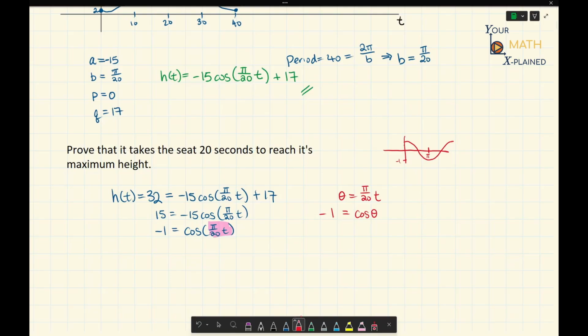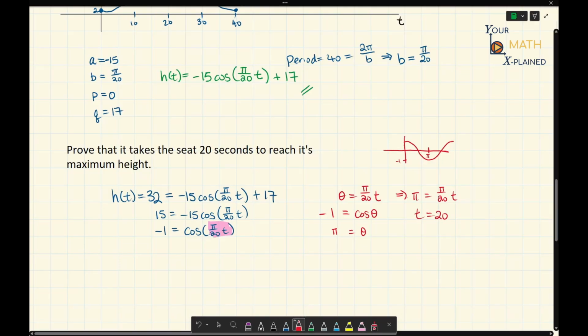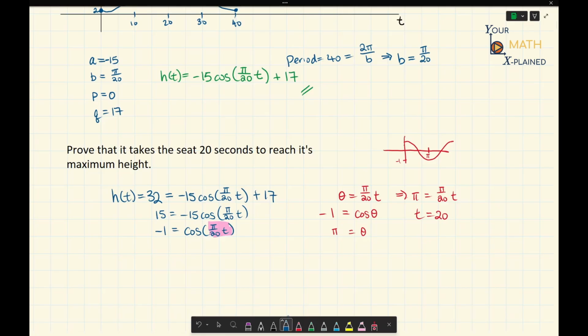So therefore, we have theta is equal to pi. And now we can go ahead and do our substitution back, which means we have pi is equal to pi over 20 times t. So therefore, t is equal to 20. So coming back here, we have t is equal to 20. And our units here would be seconds. So therefore, we have now used our function to prove that it takes 20 seconds for us to reach its maximum height.